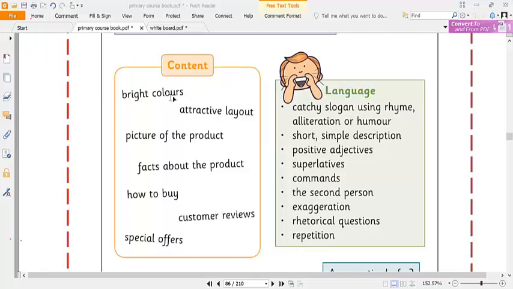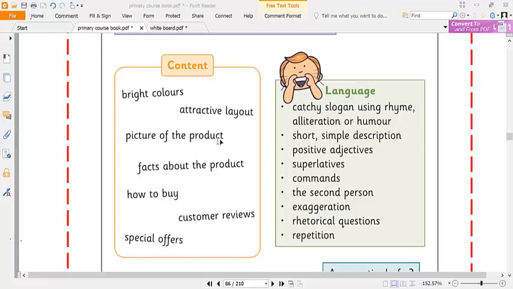Content: bright light colors, attractive layout, pictures of the product, facts about the product, how to buy, customer reviews, special offers.